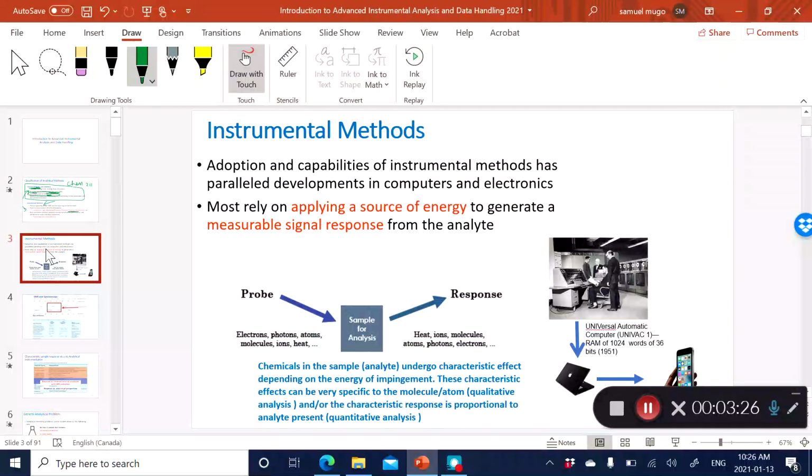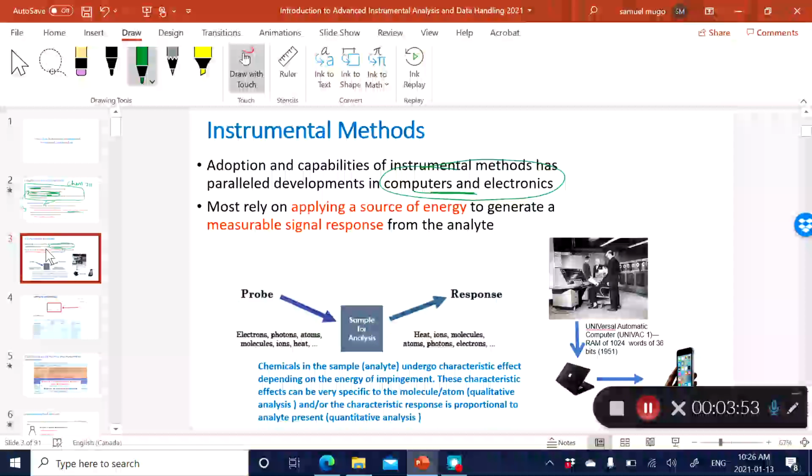Now, instrumental methods of analysis were mainly adopted as computation and electronics developed. They went shoulder to shoulder, as computers were being developed, so was the automation of classical methods of analysis for them to become instrumental methods of analysis.